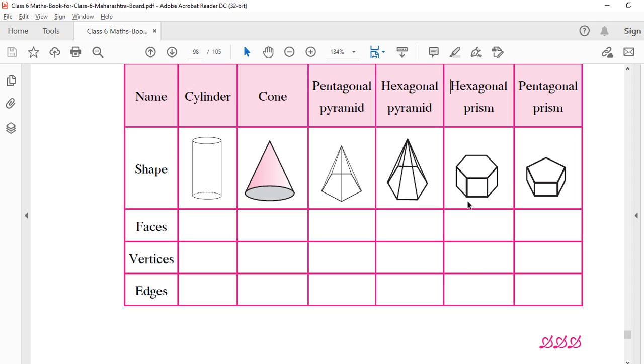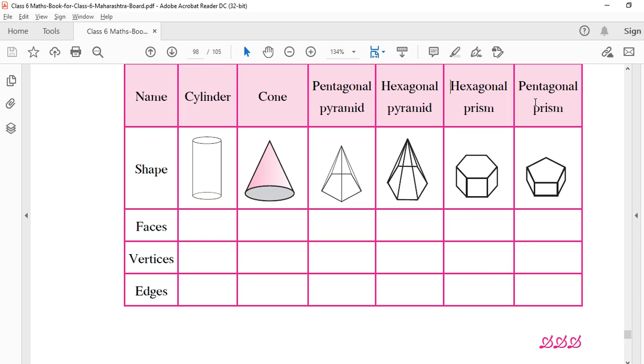Now vertices: 1, 2, 3, 4, 5, 6, 7, 8, 9, 10, 11, 12. So we have 12 vertices. And now edges: 1, 2, 3, 4, 5, 6, 7, 8, 9, and this one 10, 11, 12, 13, 14, 15, 16, 17, and 18. So we have 18 edges over here.